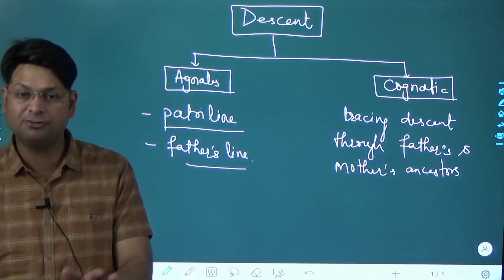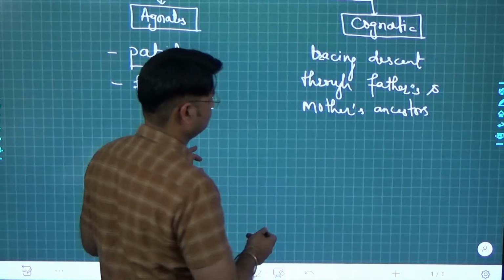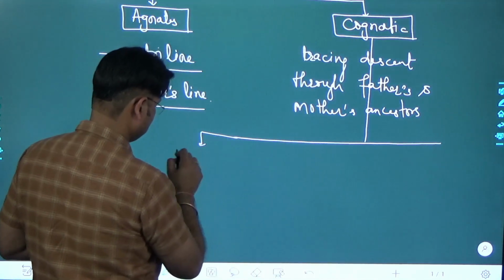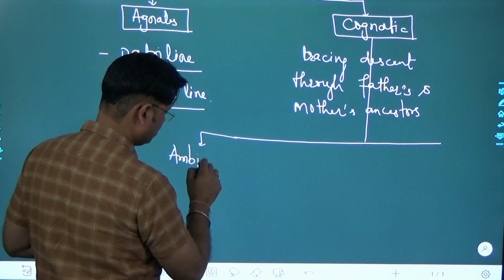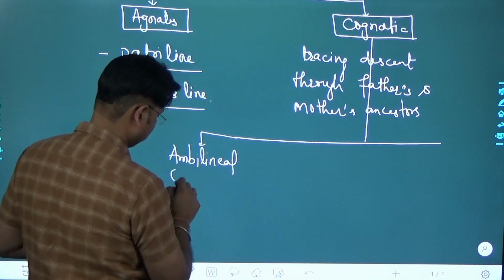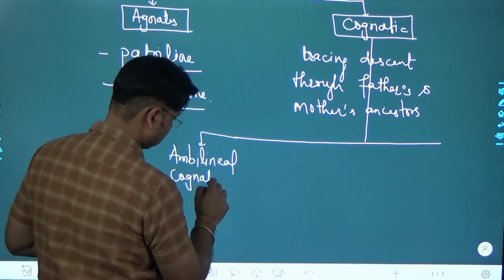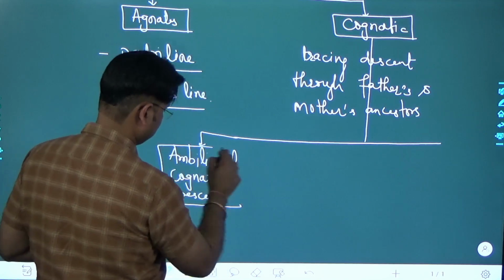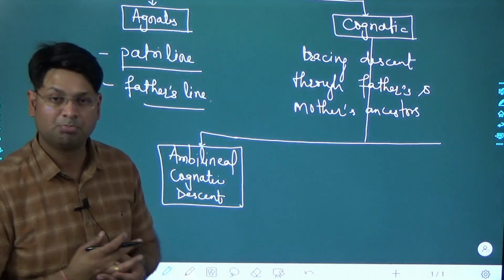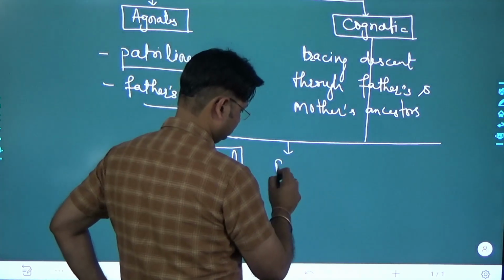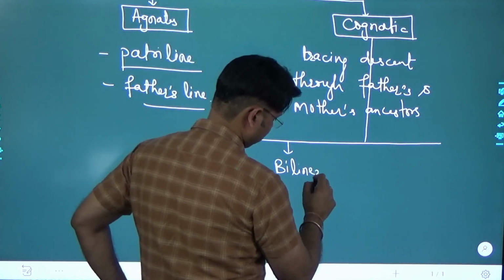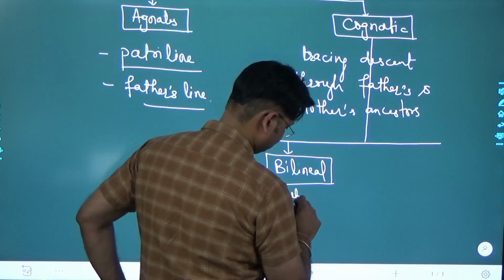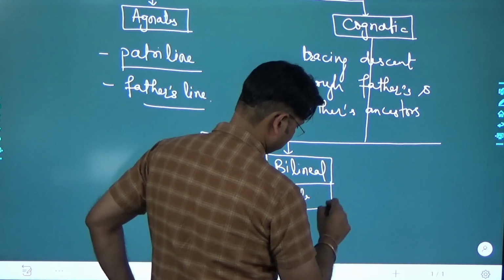Cognatic descent is basically of four types: ambilineal cognatic descent, second is bilineal, which is also known as double descent, right?